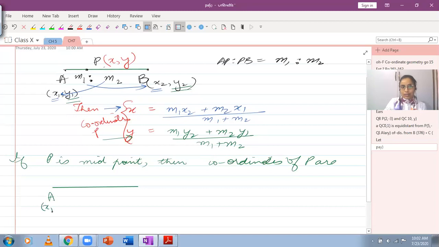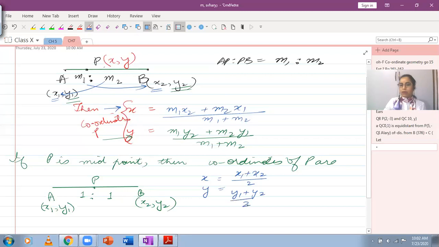The coordinates are x1 comma y1. B point, the coordinates are x2 y2. P is the midpoint, so the ratio of the parts will be 1 is to 1. And in this case, we can write down the coordinates of P as x and y. So this will be x1 plus x2 by 2, and the y coordinate will be y1 plus y2 by 2.